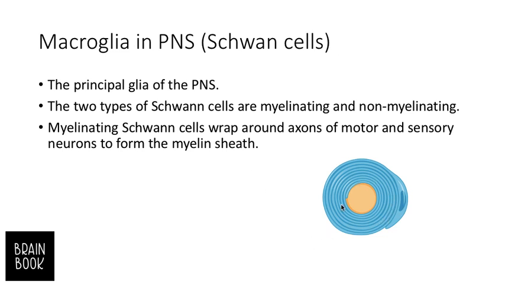As you can see here, in the peripheral nervous system, it's the Schwann cells that wrap around the axon of motor or sensory neurons to insulate it. But in the central nervous system, the oligodendrocyte is responsible for making myelin for axons.